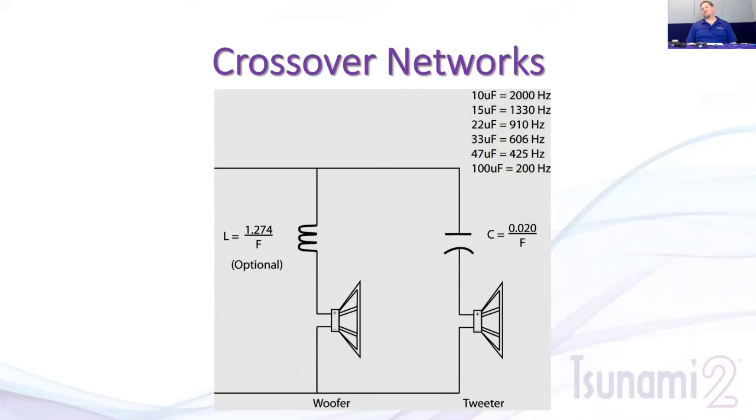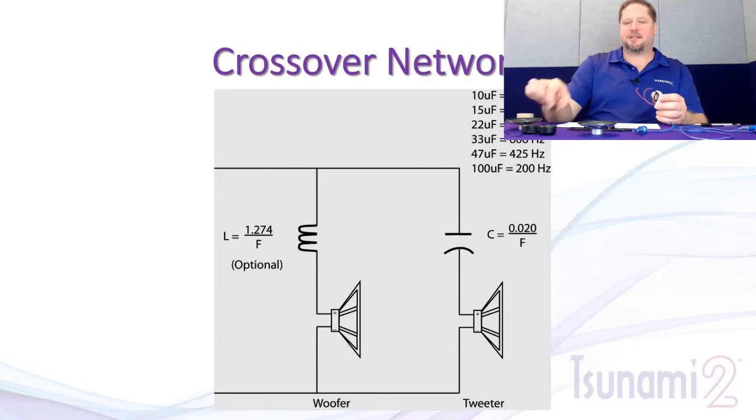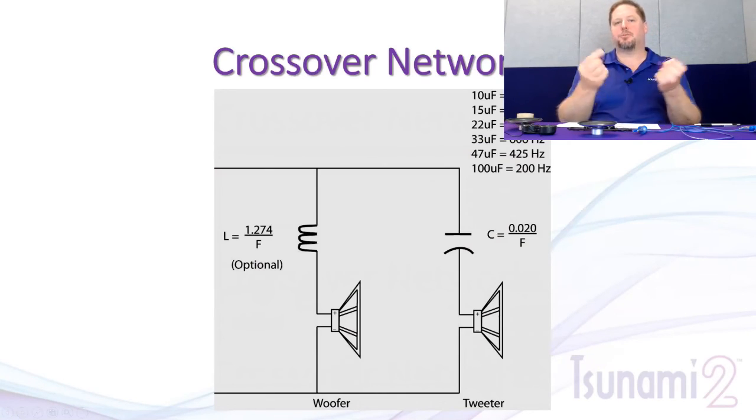Now, when you get into crossover networks, and this is something that's going to be a little difficult to do with an HO model or something like that, but you can actually go through and filter the low frequencies to the subwoofer or the bigger speaker. So say, for example, if you have the ability to put something like a 3-inch round or even one of our mega bass speakers in the tender, and then say you only have room for one of our mini cubes up front.